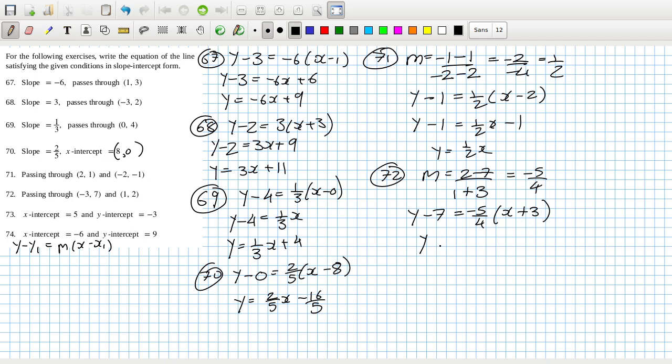So that's y minus 7 equals minus 5 over 4 times x minus 15 over 4. So that means y equals minus 5 over 4 x minus 15 over 4 plus 7, which is 28 over 4. So that means y equals minus 5 over 4 x plus 13 over 4.